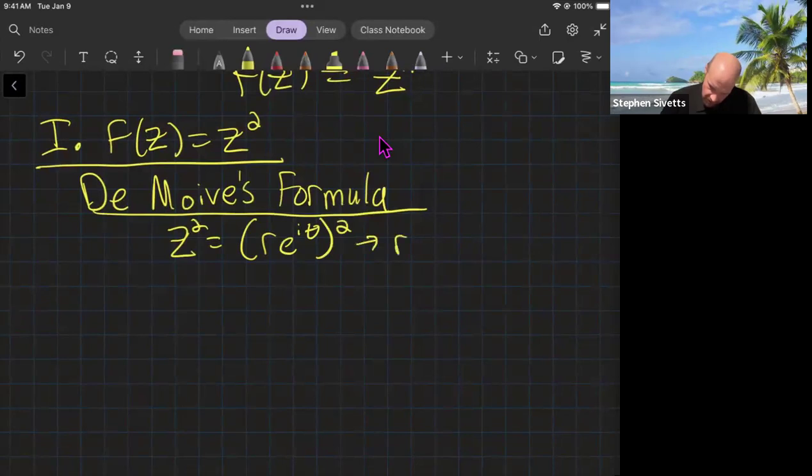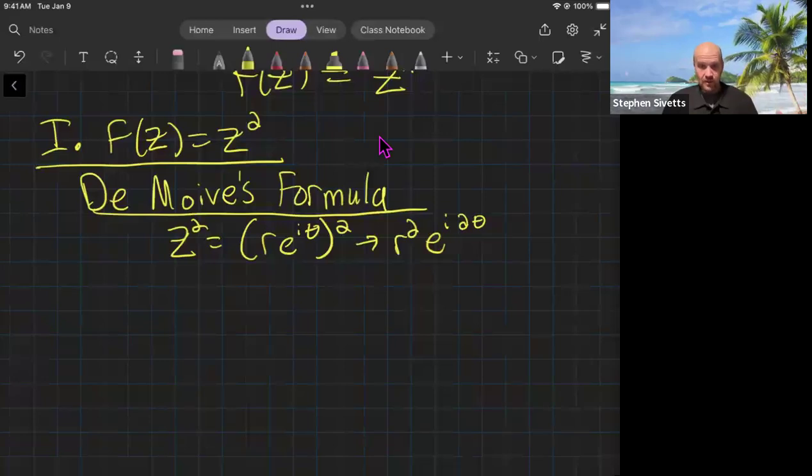Well, that equals r squared times e to the i times 2 theta. So we square the radius and we double the angle.